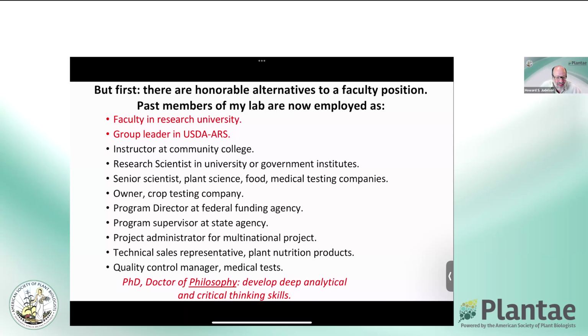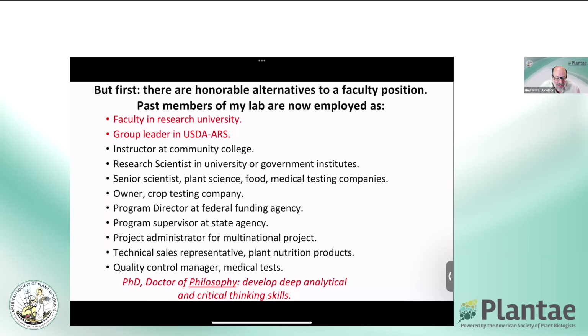Others are teaching, and then others are doing a range of things, both hands-on science and administration in science, for example, being a program director at NIH. So you should always, even though you may be interested primarily in a faculty position, keep an open mind.